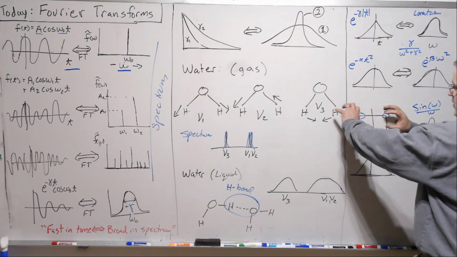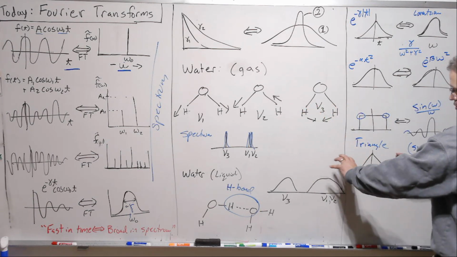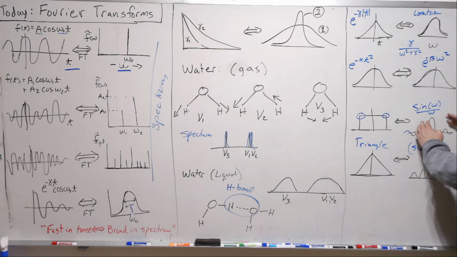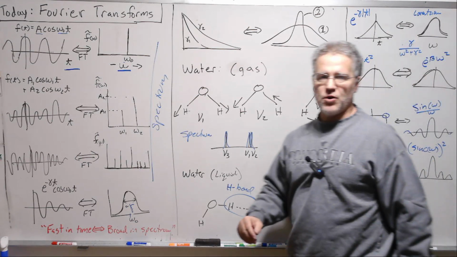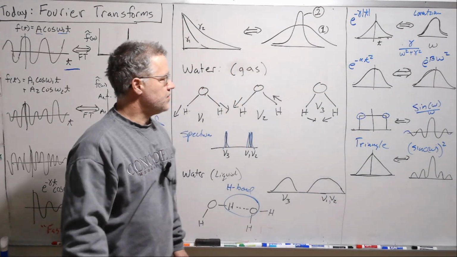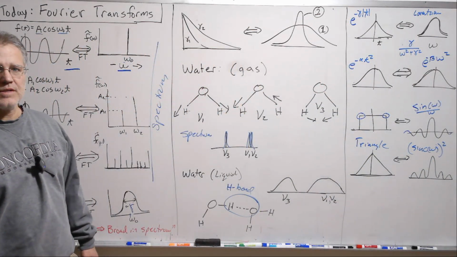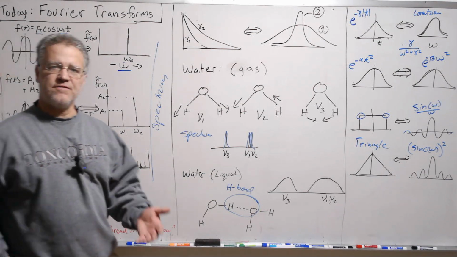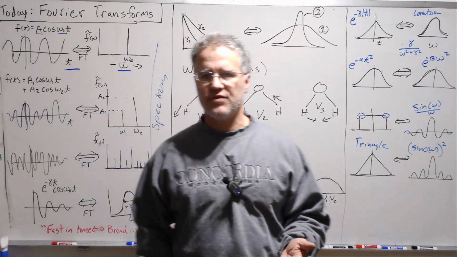If we have a big window, or a slowly decreasing triangle, then these will get squeezed in, and we will get a sharper spectrum there.